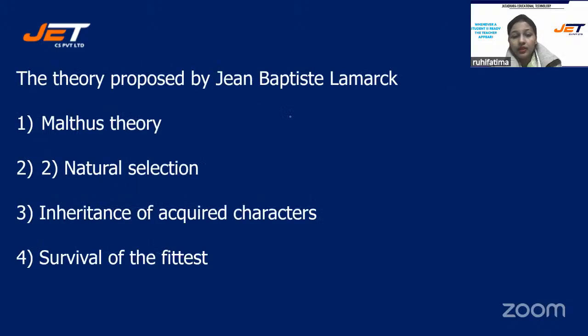Next question. The theory proposed by Jean-Baptiste Lamarck, and your options are number one, Malthus theory, option number two, natural selection, option number three, inheritance of acquired characters, or option number four, survival of the fittest.